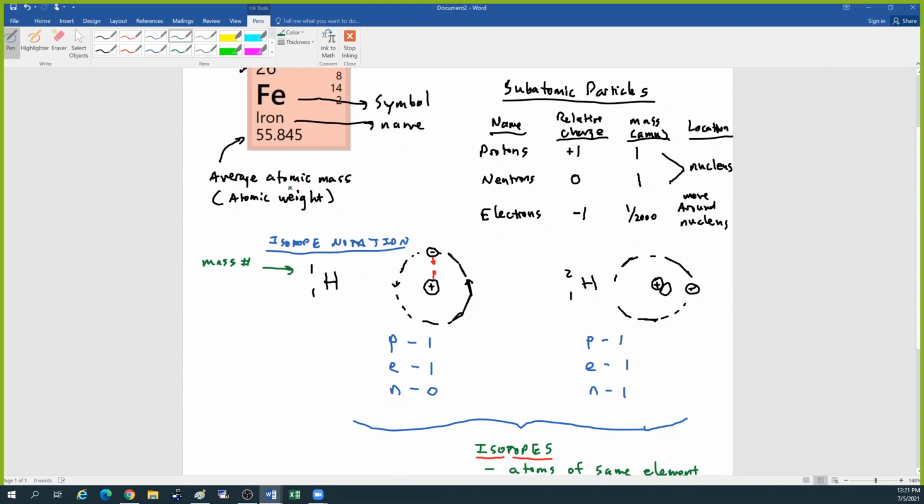The average refers to a group of atoms that are averaged together, right? A sample that has many atoms. But the mass number refers to a single atom. And it literally means, when you tell me the mass number, you're just counting up the number of protons and neutrons. So the mass number is just the protons and neutrons added together.